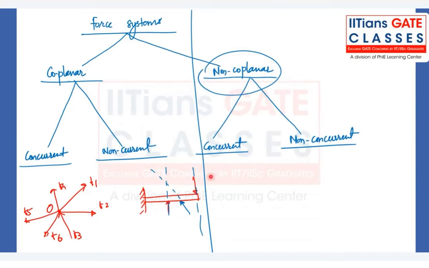In our syllabus, we only have the coplanar force system because we are dealing with figures which we can draw in two dimensions. Coplanar means all forces are in a single plane, in the XY plane basically. Either they can be concurrent or non-concurrent. Concurrent means passing through a single point, non-concurrent means they are not passing through a single point.